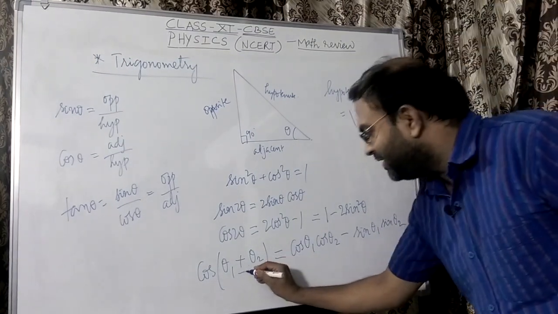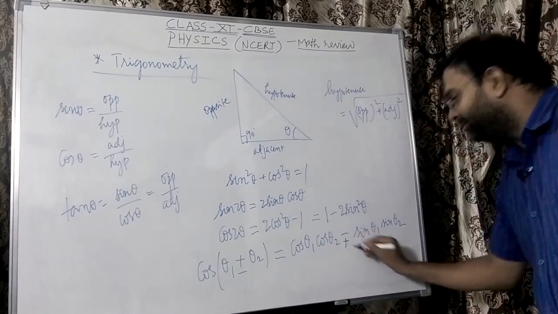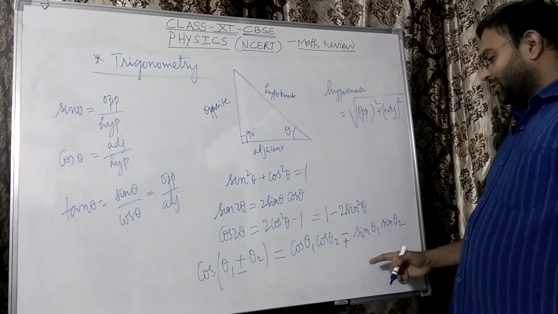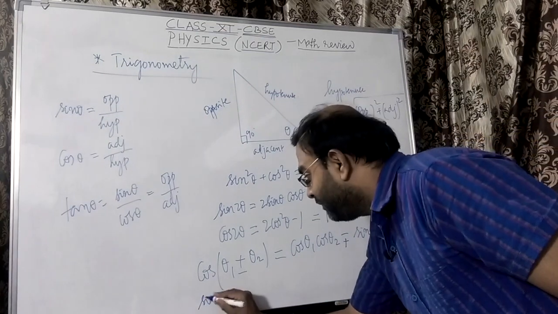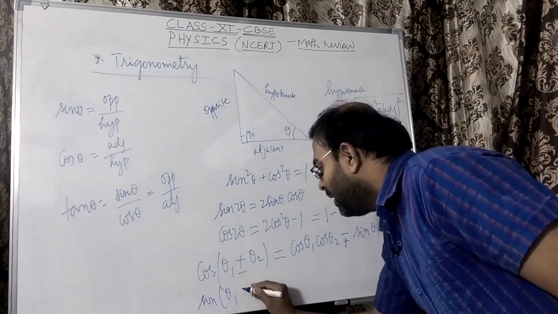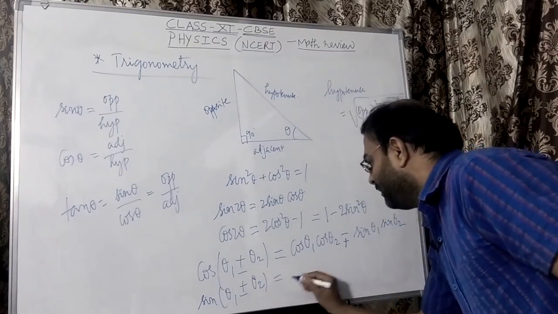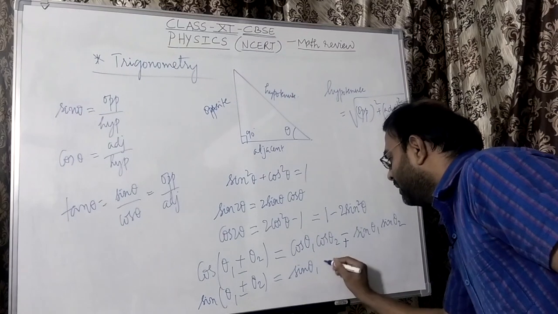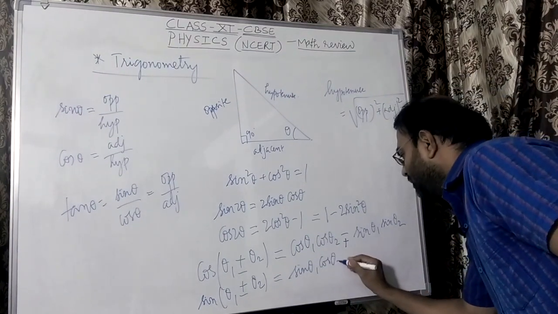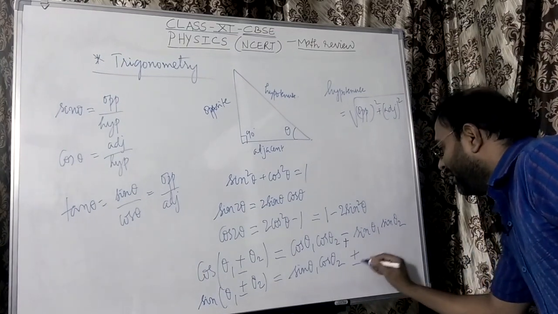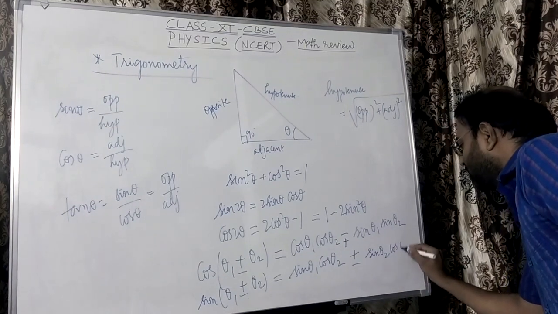If there is a minus sign here, that is cos of theta 1 minus theta 2, then you would have a plus sign here: cos theta 1 cos theta 2 plus sine theta 1 sine theta 2. Similarly, sine of theta 1 plus or minus theta 2 is equal to sine theta 1 cos theta 2 plus or minus sine theta 2 cos theta 1.